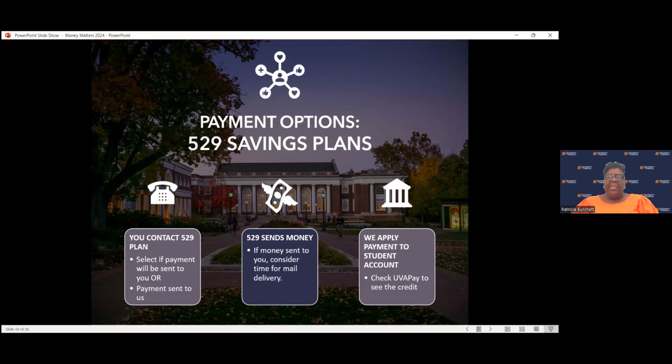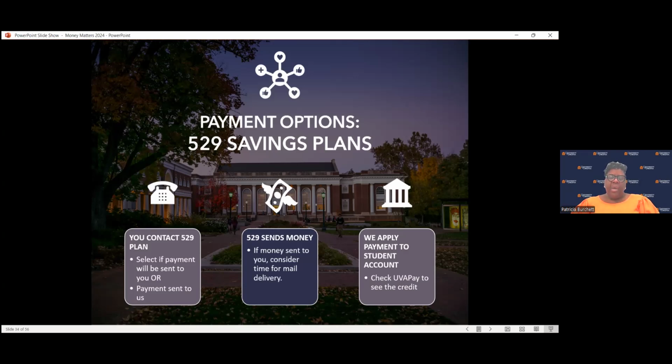So keep in mind the charges and due dates for the billing cycles when you do that. And when we do receive those monies, we will apply them to the student's account accordingly.